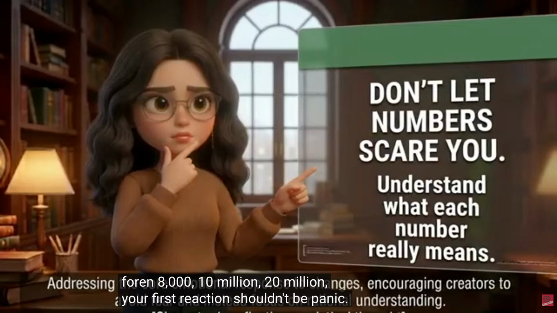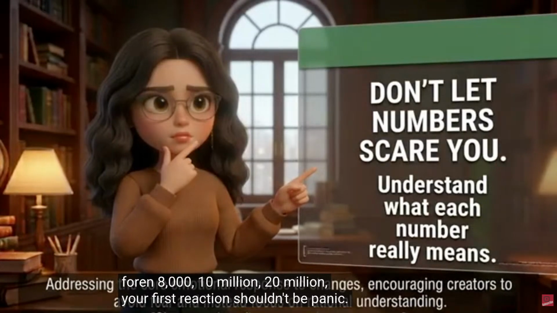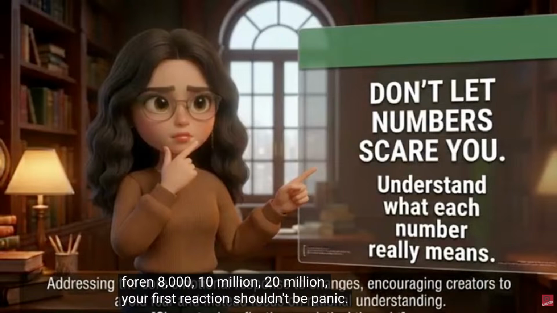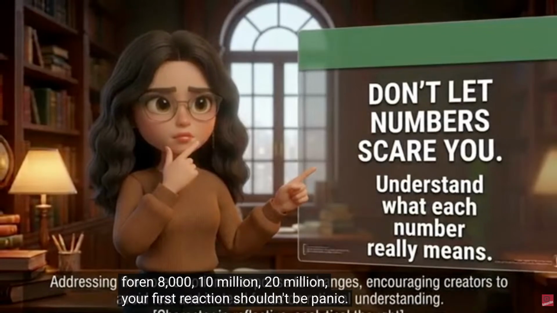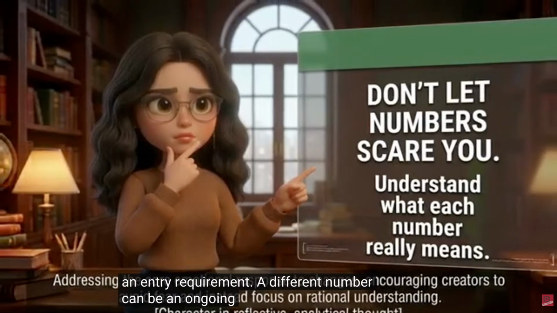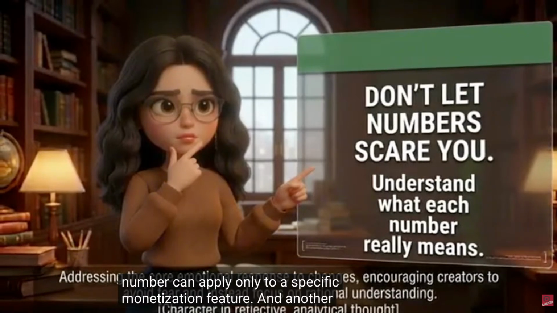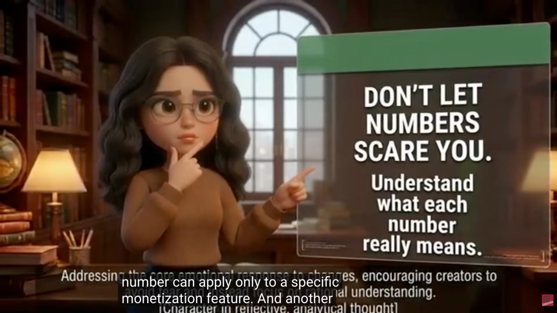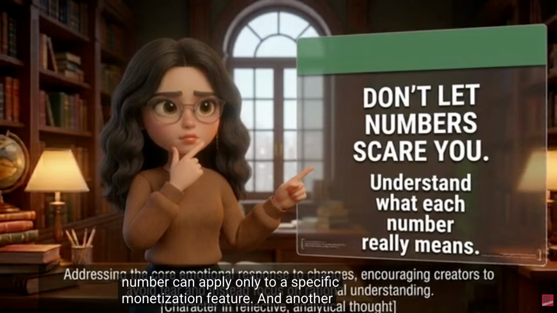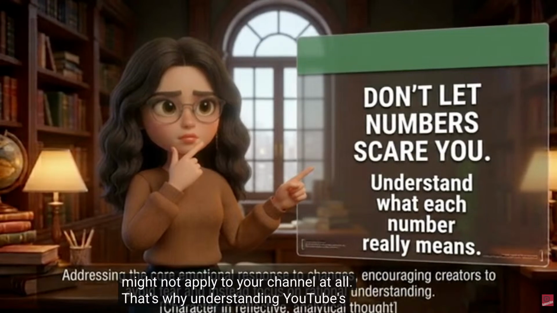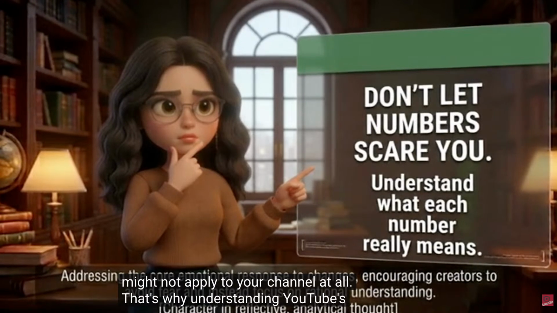Because that's where creators get confused. A number can be an entry requirement. A different number can be an ongoing requirement. Another number can apply only to a specific monetization feature, and another number might not apply to your channel at all. That's why understanding YouTube's rules is becoming almost as important as understanding YouTube's algorithm.